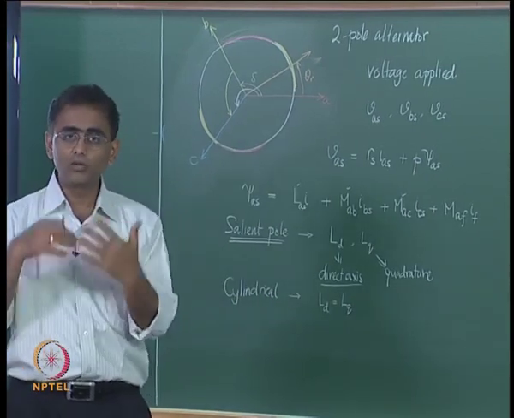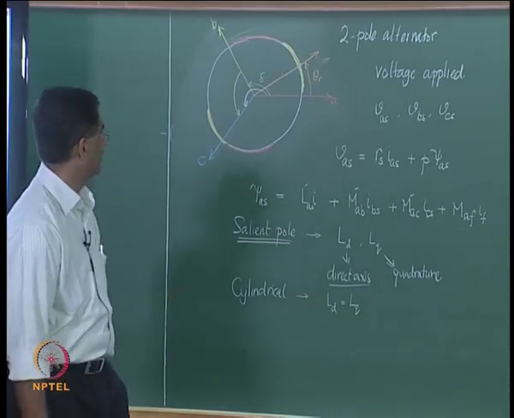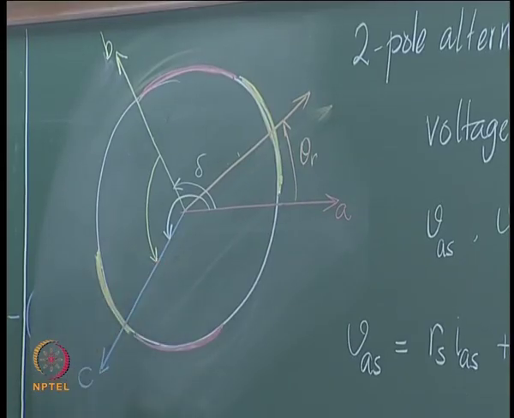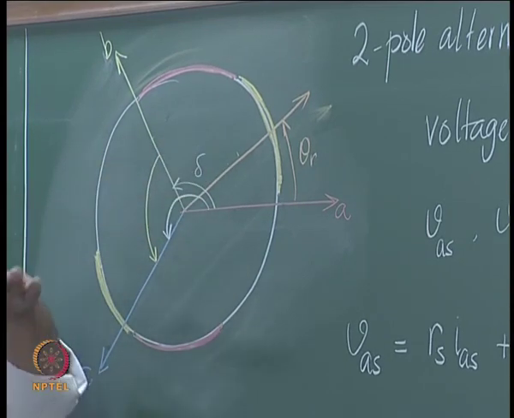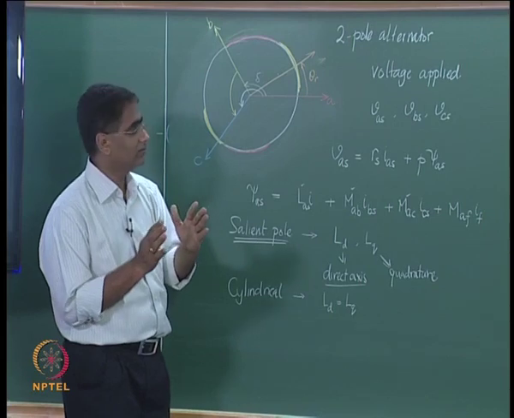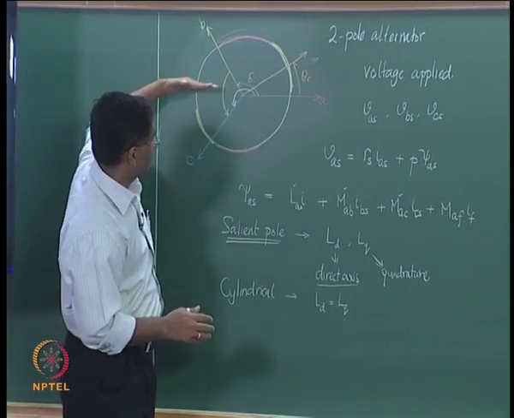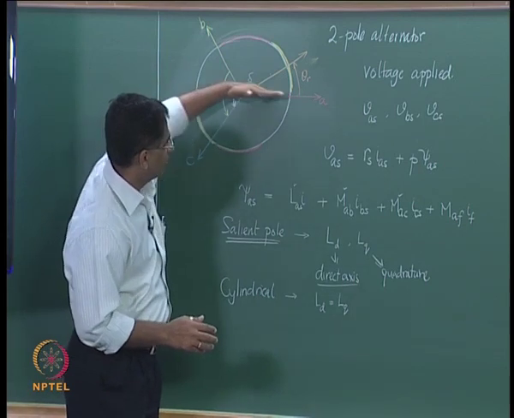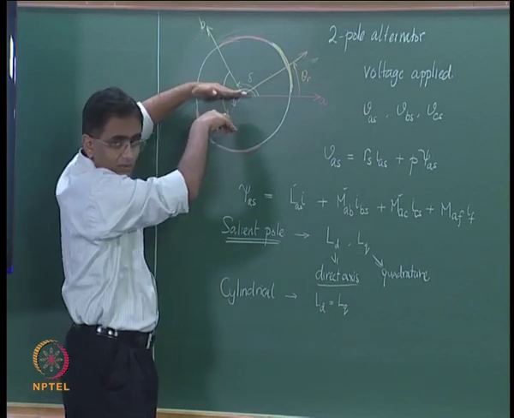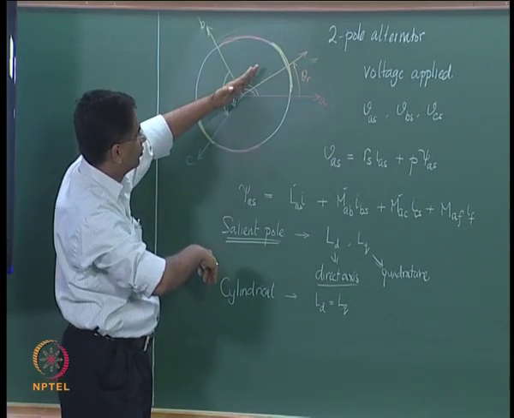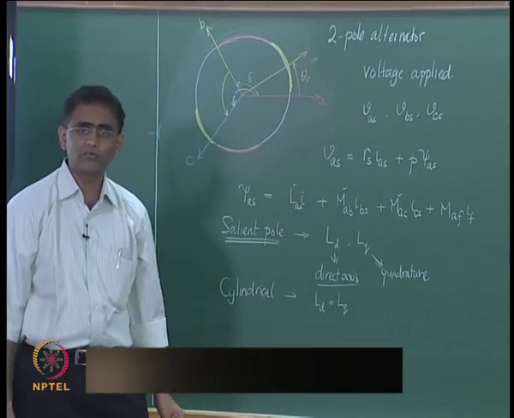Looked at from the rotor, it always generates a constant field provided the excitation is also fixed, and therefore the total flux generated by the field structure is the same. However, if the field structure were aligned on this axis, all of its flux will link phase A, and as the structure rotates, less and less of its flux is going to link phase A.